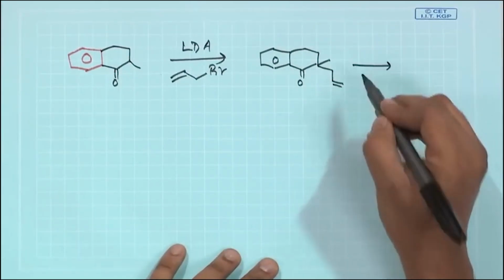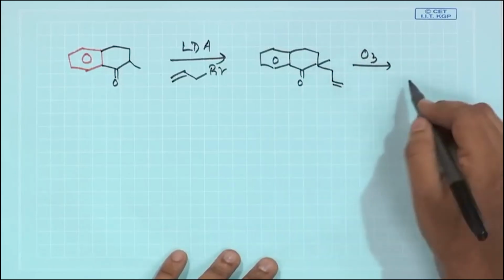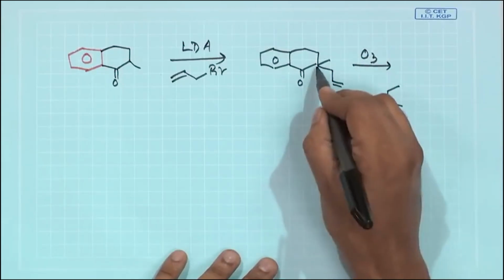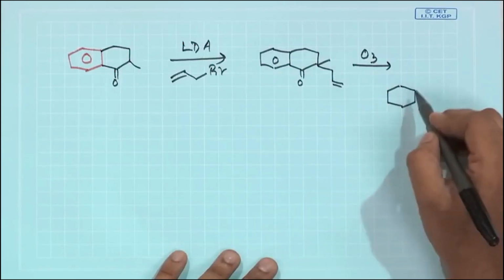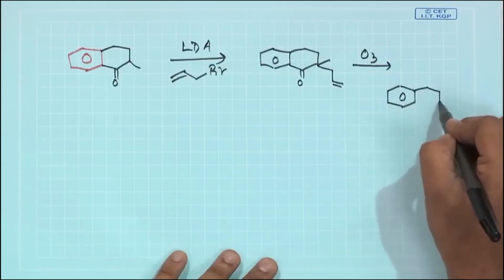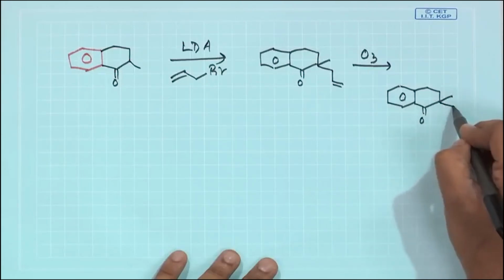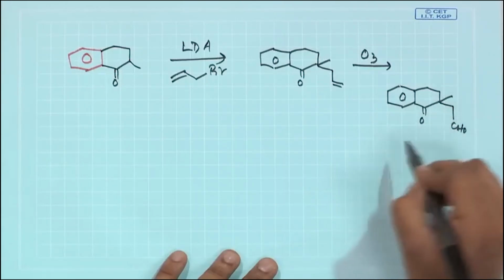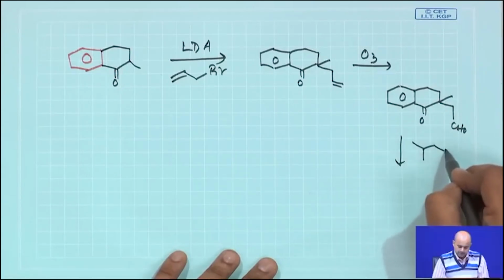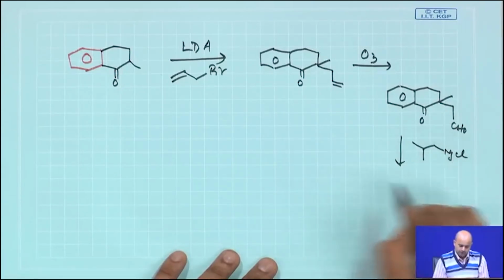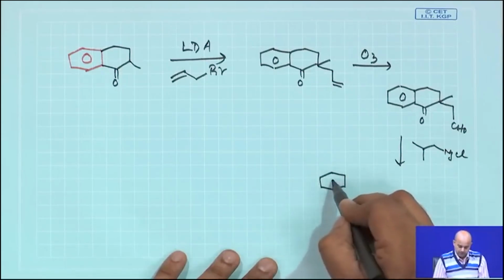Now, we will cleave it through ozonolysis, this oxidative cleavage, all carbon quaternary center here, and then this terminal olefin will be chopped to give you this CH2CHO. Now, we will be using an isobutyl magnesium chloride.